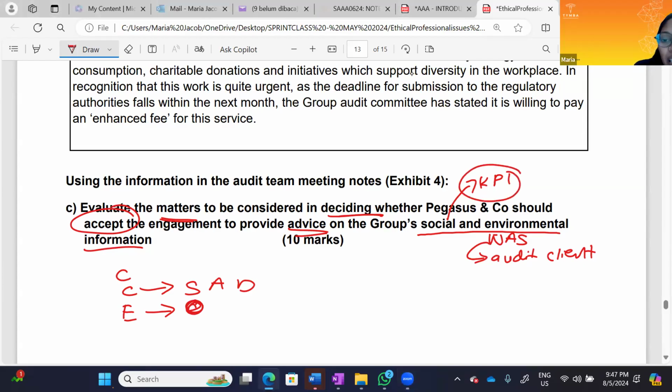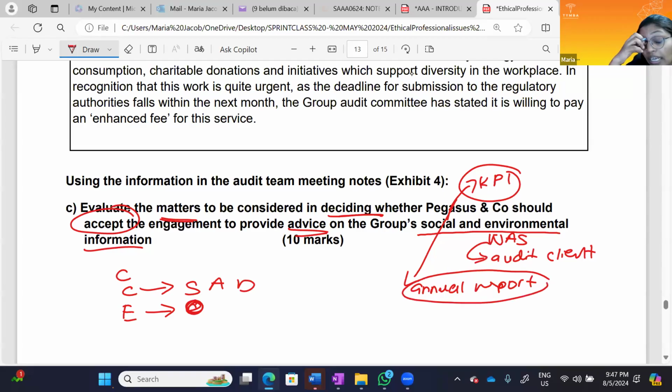So we might see this in the annual report. If what we are advising on is in the annual report, will it give rise to any kind of self-review threat or not?